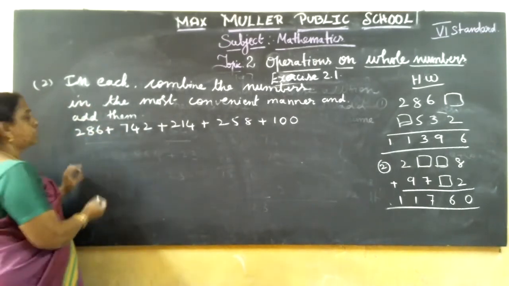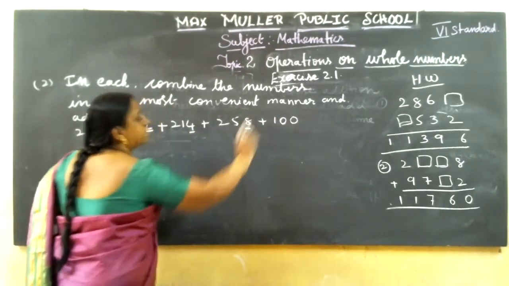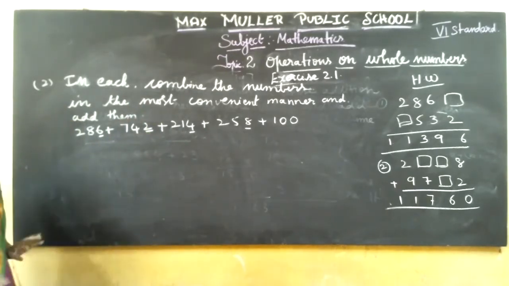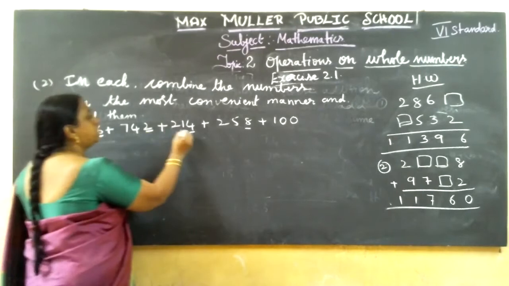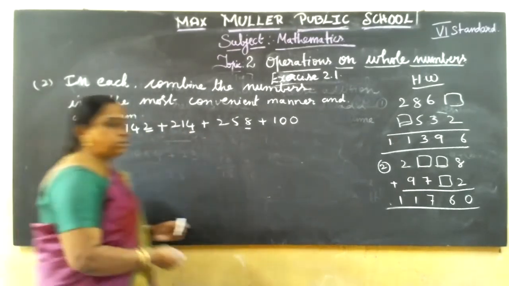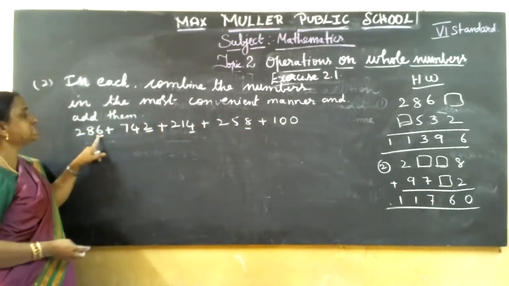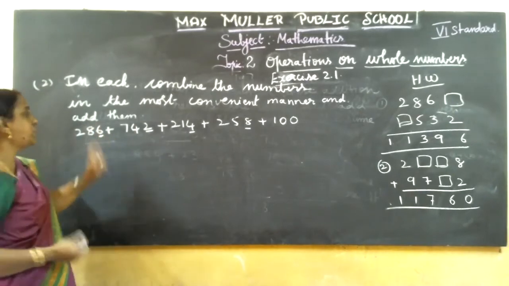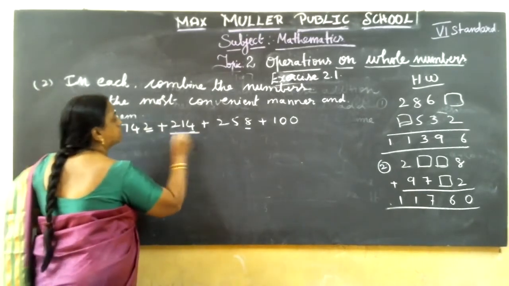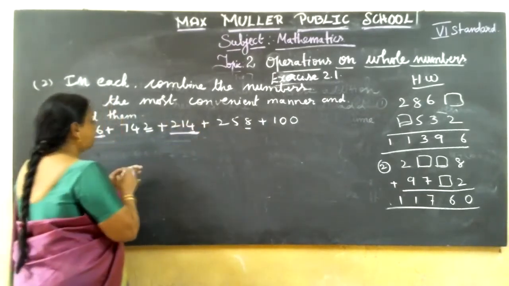First you check the unit place: 6, 2, 4, 8. 100 you can add easily, so no need to take 100. Now which two numbers, if you add, will give 0 in unit place? We'll go for 6 and what gives 10: 6 plus 4. So we'll take these two in one group. Then 2 and 8 gives 10, so we'll take these two.